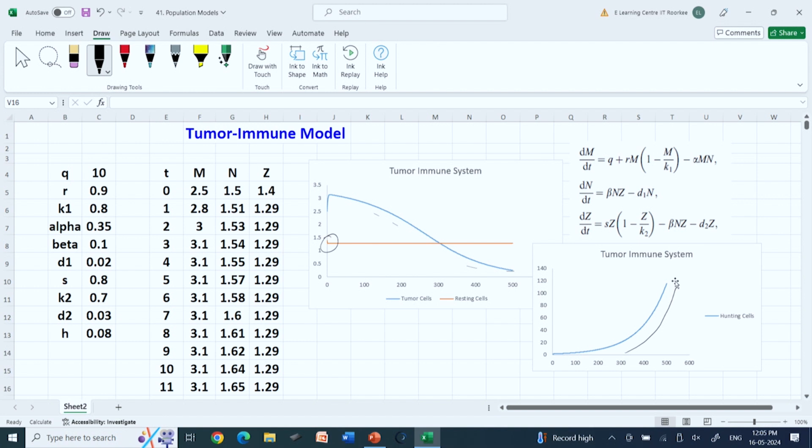So, the immune system succeeded in bringing down the number of tumor cells to a minimum with the support of these resting cells, and as the tumor is getting killed, your hunting cells are also increasing in numbers. So, this model is kind of where your immune system is able to eradicate the tumor cells, and that happens in very early stages of cancer or tumor.